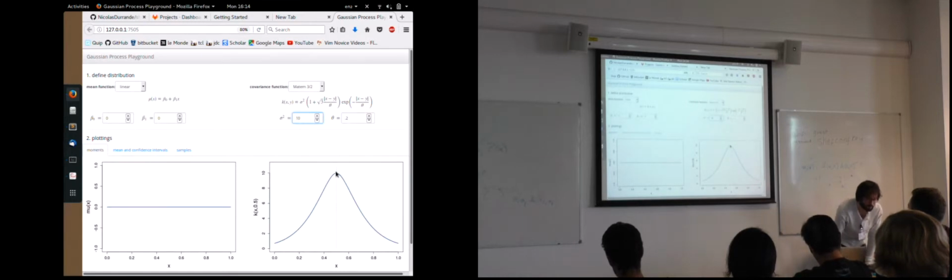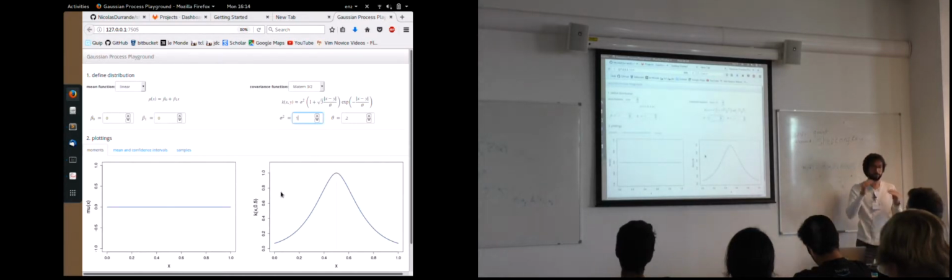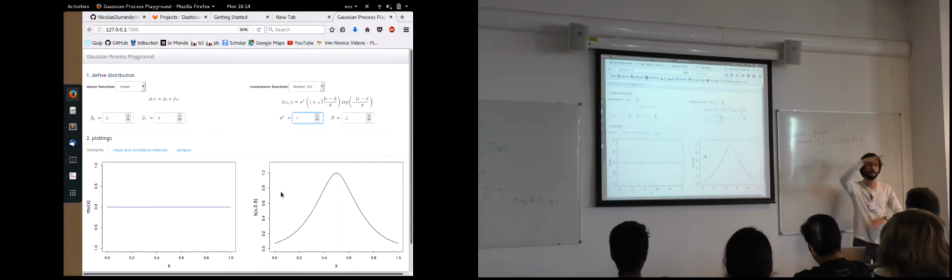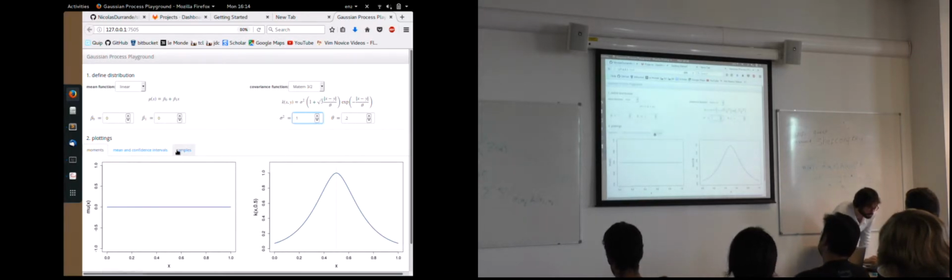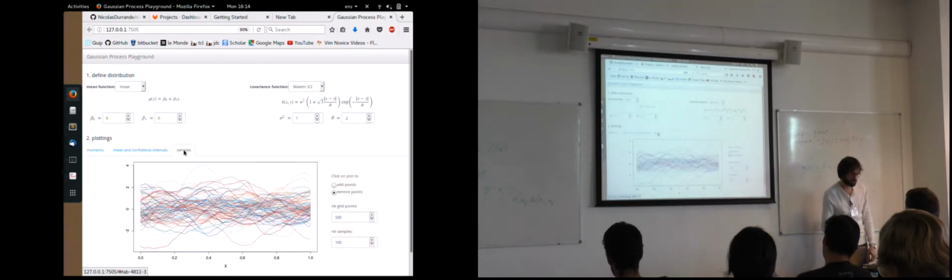The maximum value of the kernel is 10, and if I just set that to 1, just the axis is changing. So sigma is just a vertical rescaling of the kernel, and if you look at the samples from the GP, sigma will also be a vertical rescaling of the GP samples.